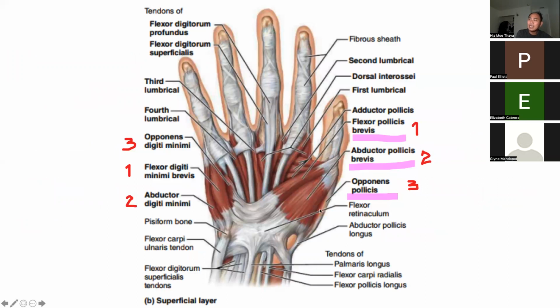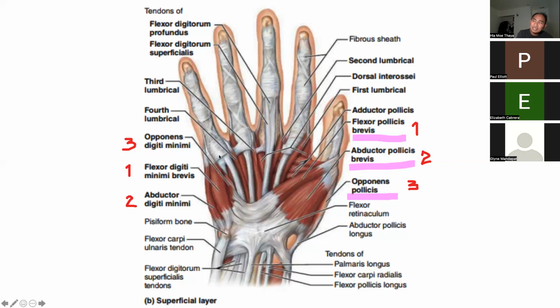We said abductor pollicis brevis. Hey, look at that. This is the abductor pollicis brevis. And flexor pollicis brevis. Hey, this is the flexor pollicis brevis. And opponens pollicis is too deep, which we won't be able to see properly.